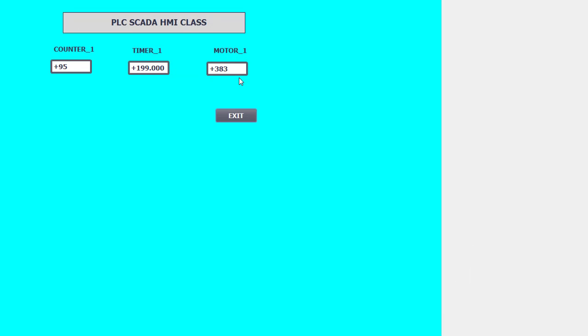Yes, you can see that counter 1 is displaying the ramp 1, timer 1 is displaying the same, and the motor is also displaying. So these values I have taken from the KEPServer OPC. You need to take these values from field devices, PLC related counters, timers, motors, which are connected with your respective PLCs.